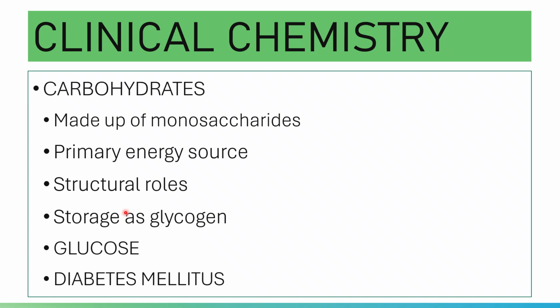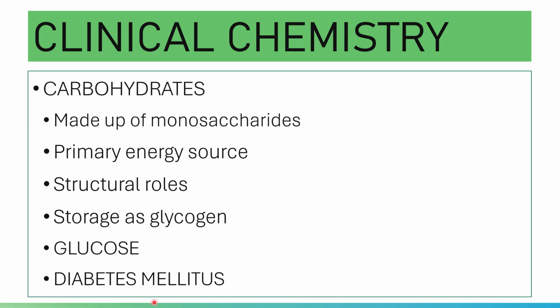And glycogen is the storage form of glucose in animals. The major location of glycogen is, of course, the liver.